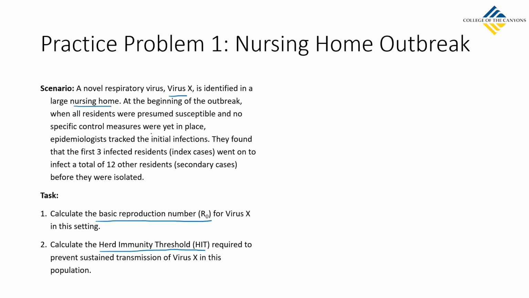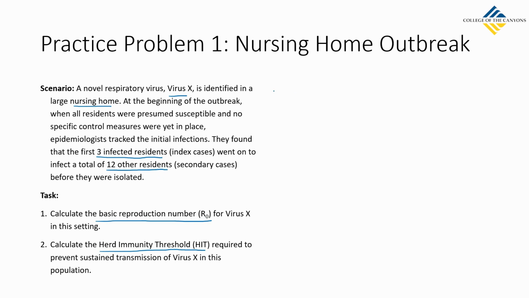We presume that everyone in the nursing home is susceptible to this new virus. Our epidemiologists have found that the 3 index cases went on to infect a total of 12 other residents. These are the secondary cases before they were isolated.